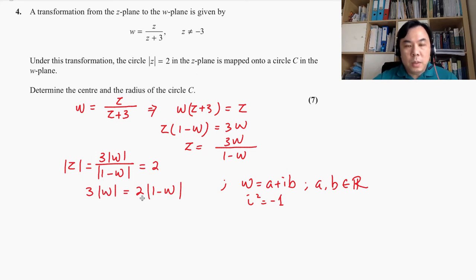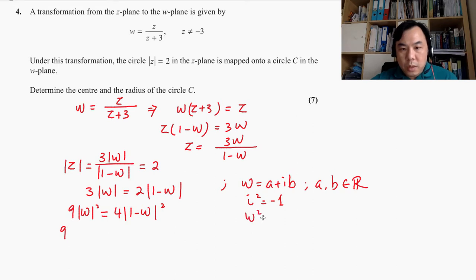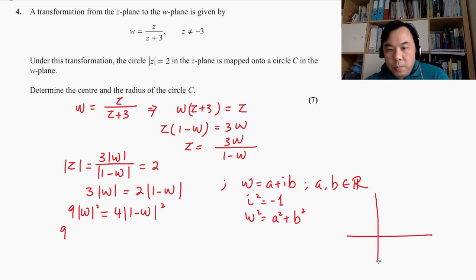Now the modulus basically means the magnitude of that complex number a plus ib. So it's always best to square both sides. You get this one here instead. It'll be easier to work with; for me, it's easier to work with the square than the square root itself. From here, don't forget, the modulus of w squared is just the magnitude of that complex number measured from the origin based on the Argand diagram.